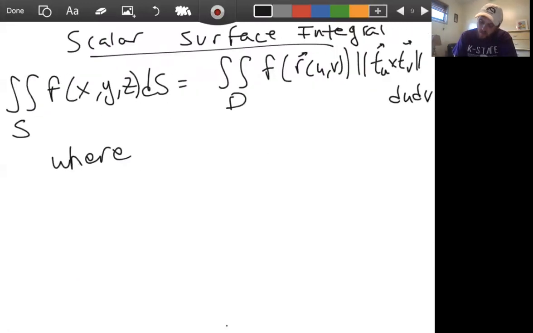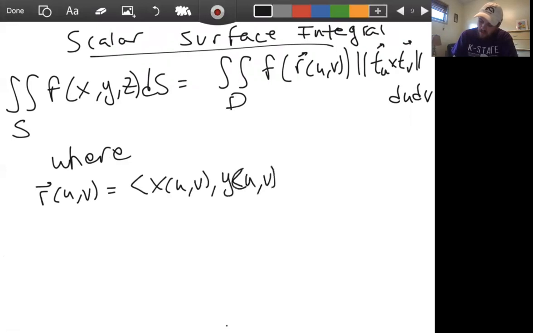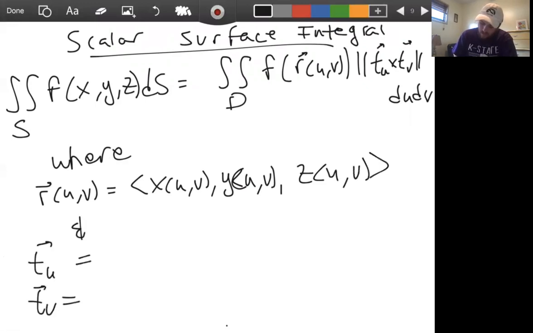Yes, where remember that r of u, v is x of u, v, y of u, v, z of u, v, and the tangent vectors Tu and Tv are respectively given by the partial derivatives with respect to each parameter.